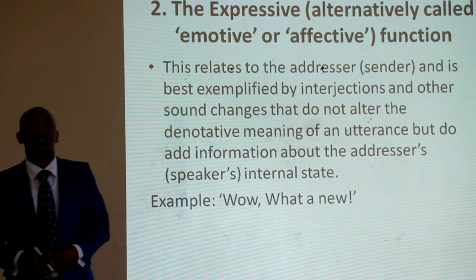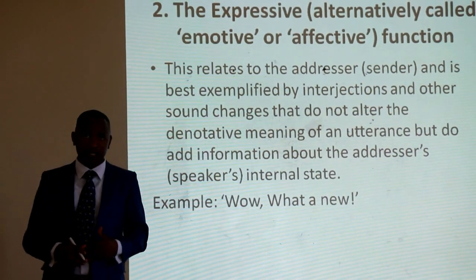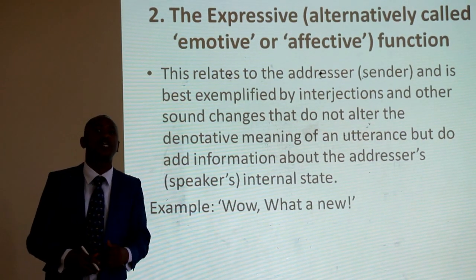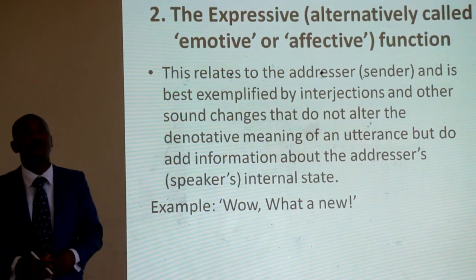The expressive, alternatively called emotive or affective function, is the second function of language.